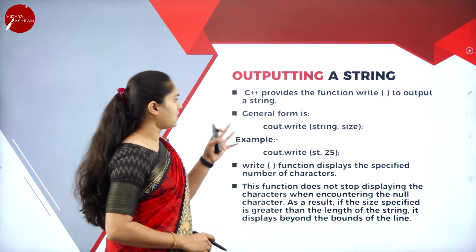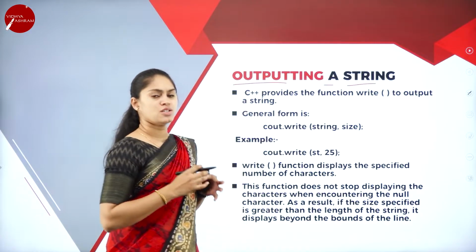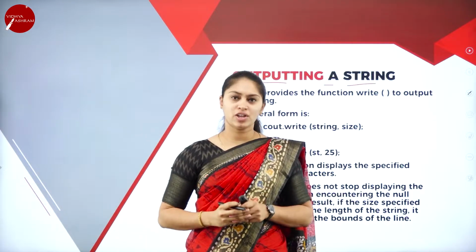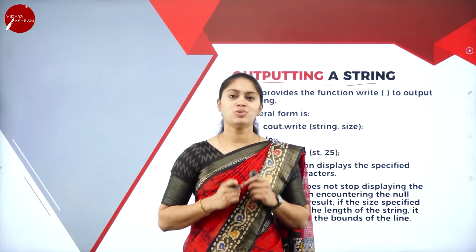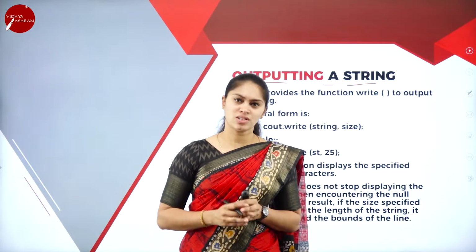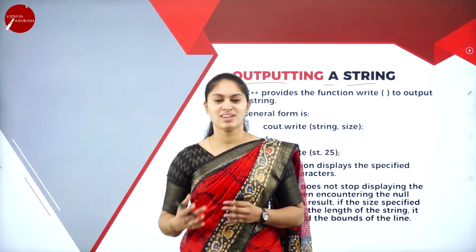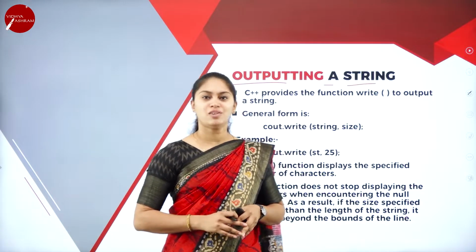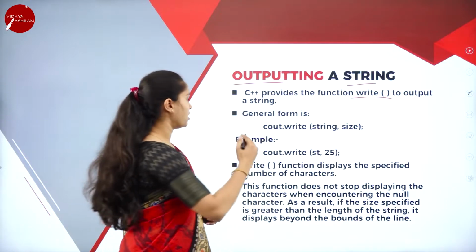Now we'll see how to output a string. To take input we use the getline function. Recall, to output a single character, which function was used? That is put. But here we don't have a put line function; instead we have the write function. The write function is used to output a string.